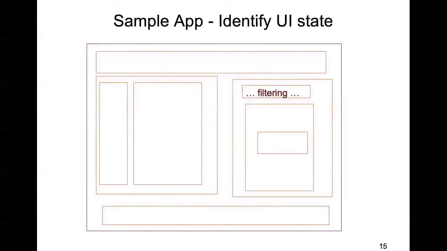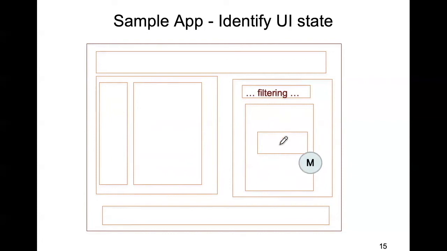Now, maybe this is the best example of trying to explain this notion of identifying state within your UI. This is harping back to the little sample app that we discussed earlier on. In terms of data, the list of movies being displayed, that's data.